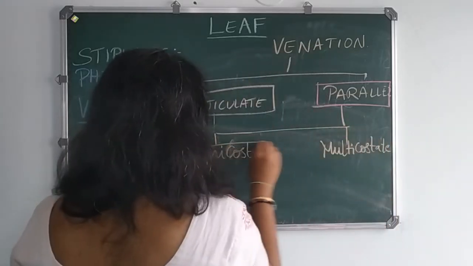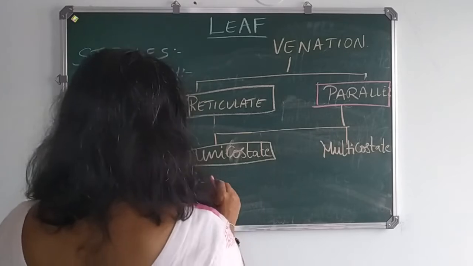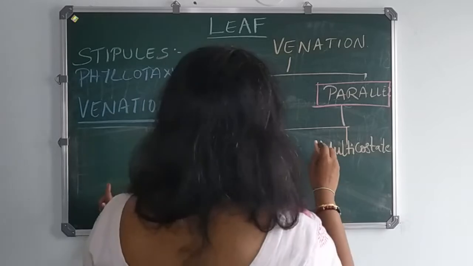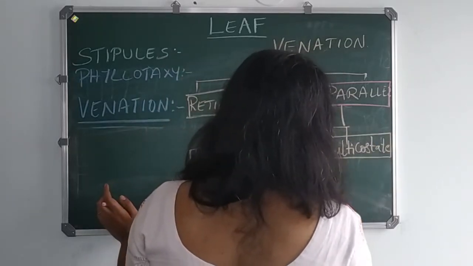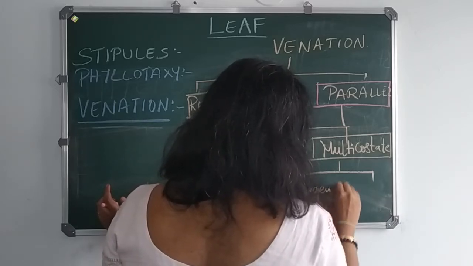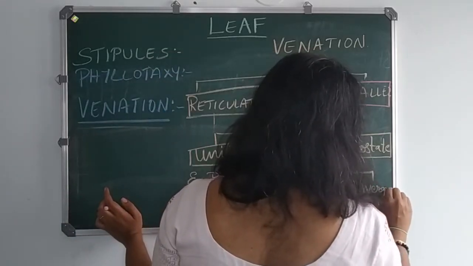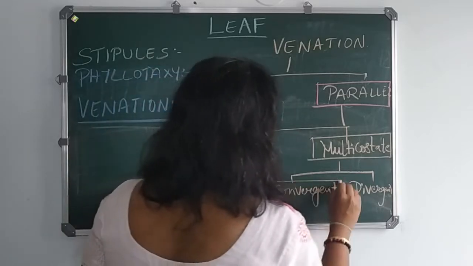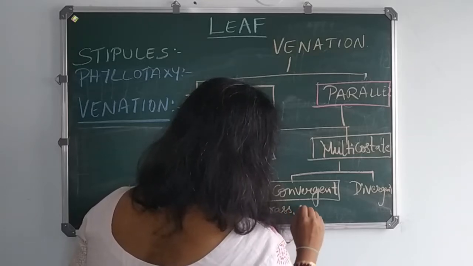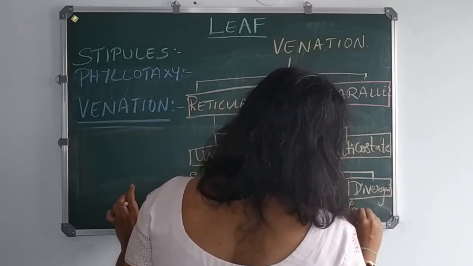Under unicostate, the classical example is banana. Then multicostate again is of two types, that is convergent and divergent. Convergent examples are grass and wheat. Divergent is fan palm.